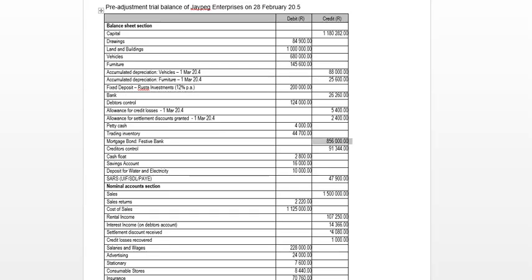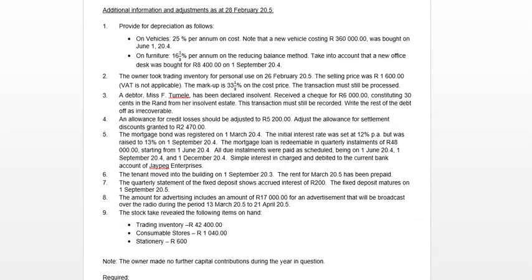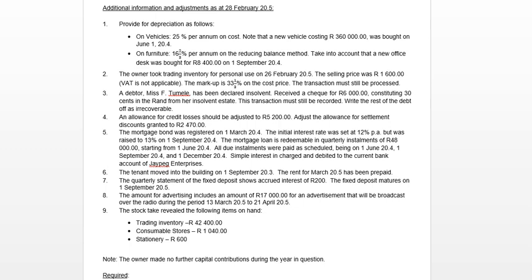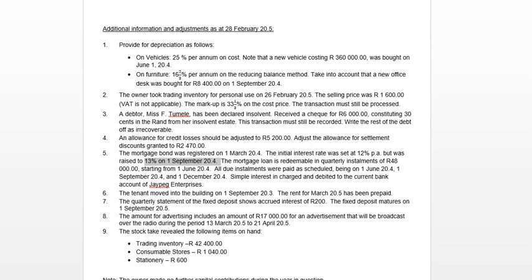What happened during the year? Well, firstly, the mortgage bond was registered on the 1st of March 2004, the beginning of the financial year. Our interest was initially 12% per year, but this interest was raised to 13% on the 1st of September 2004.